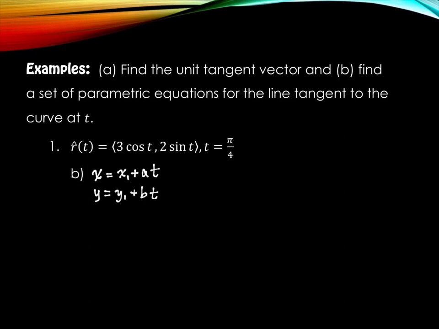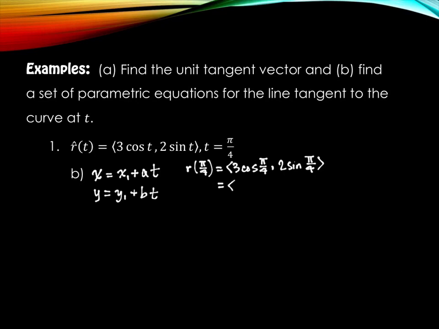So how do we get x1, y1? Well, we get x1, y1 by evaluating at the point that we're looking at, because we're doing this at pi over 4. So at pi over 4, we're going to evaluate the original function. That's 3 cosine of pi over 4, because it's pi over 4, we're going to get some repeated kind of values like we saw before, right? So 2 sine of pi over 4.